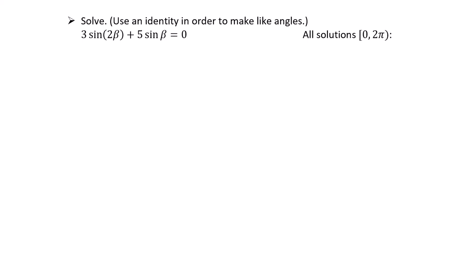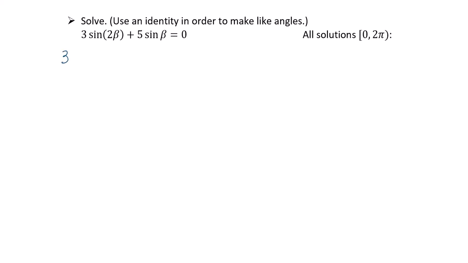Solve. Use an identity in order to make like angles, because here I have 2 beta and here it's just a single beta. So I'm going to use the double angle identity for sine.